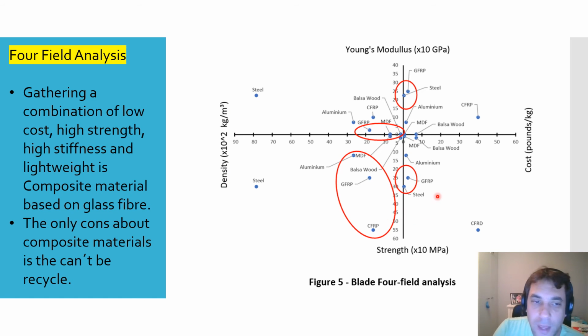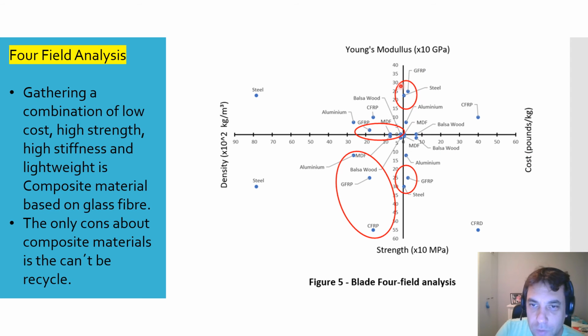So I put those six materials here and the correlation of properties of those materials to see which material fulfills better the requirements that I established in the beginning, the functional requirements. So here, if we think about Young modulus, stiffness and cost, we would like to have high stiffness and low costs.